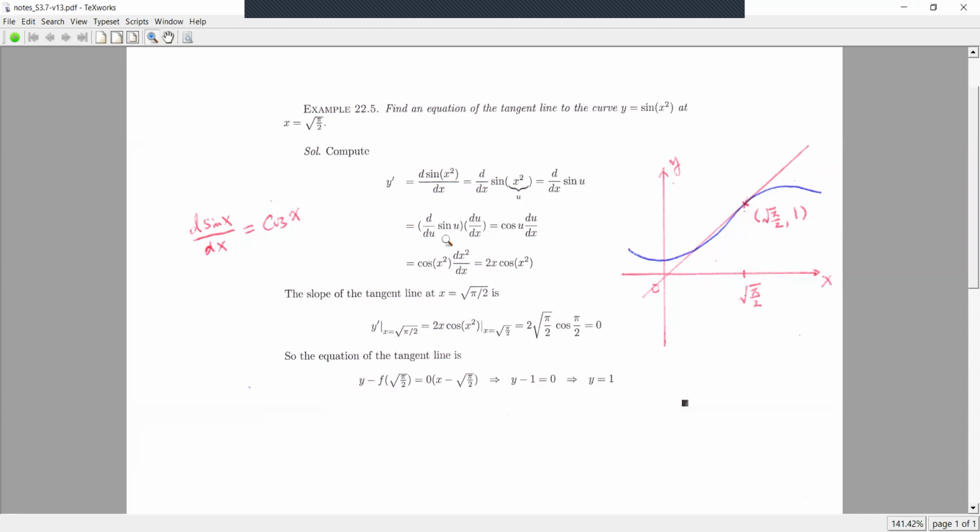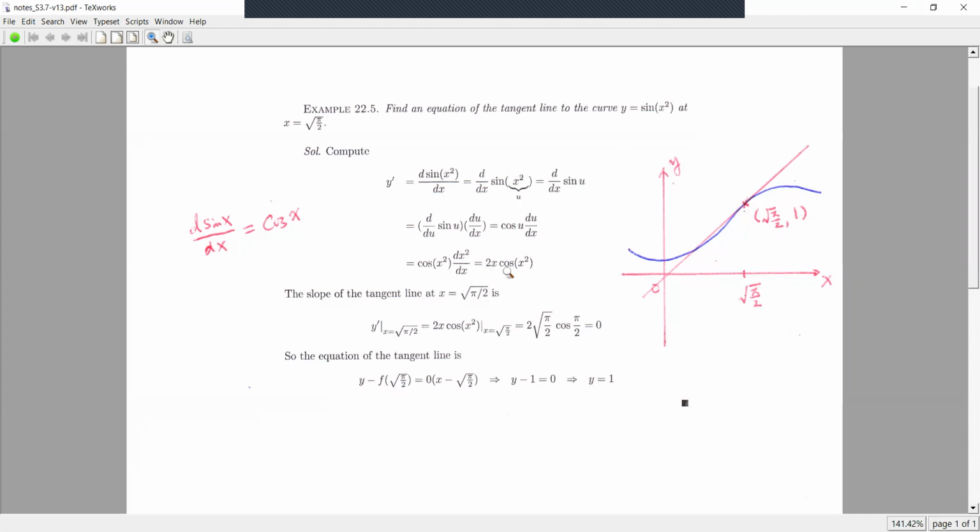The derivative of sine of u with respect to u by this formula is cosine of u. Now, remove u by plugging in x squared. Then we have this equation. Derivative of x squared with respect to x is 2x. Then this is the result of the derivative of the given function.